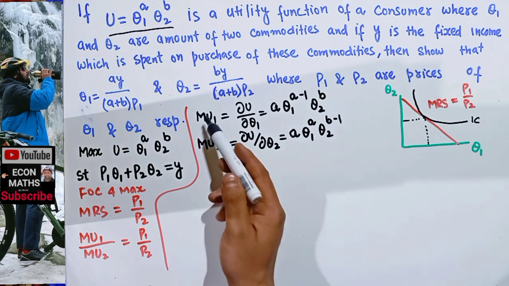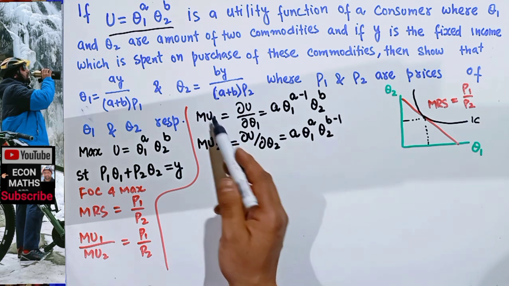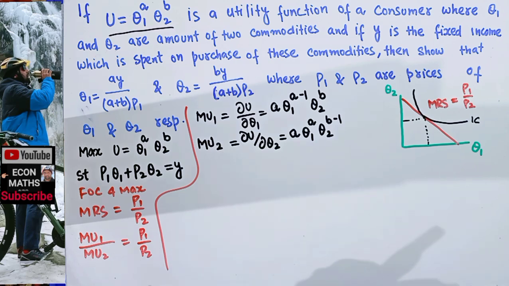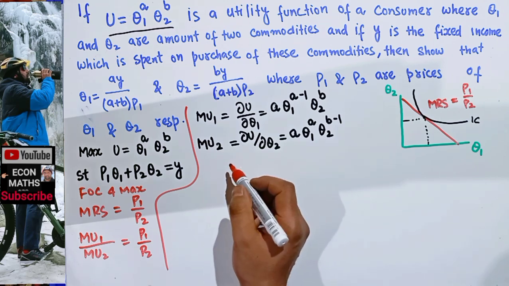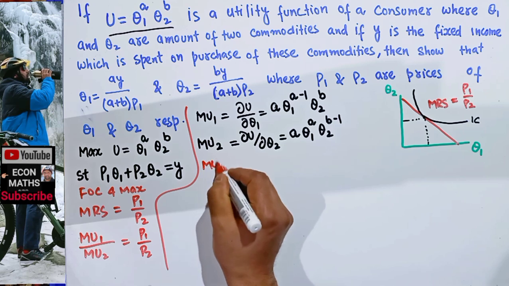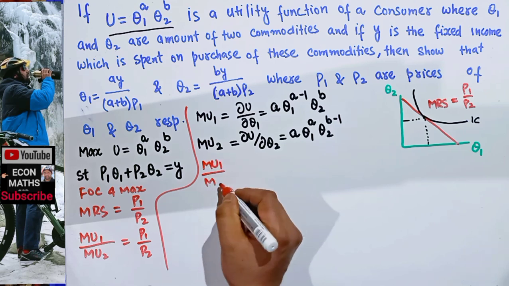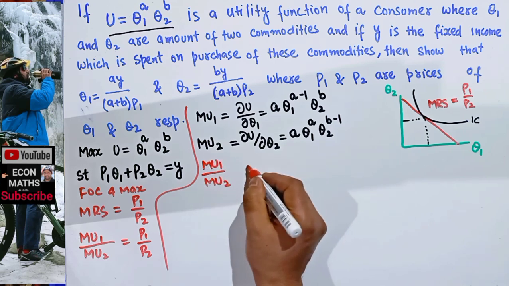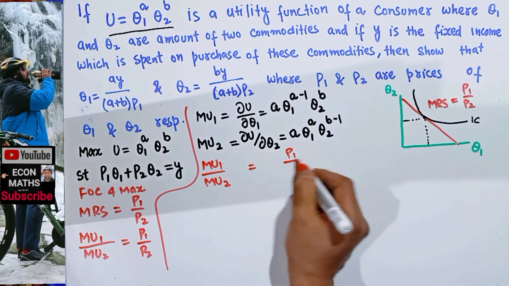Now mu1 divided by mu2 should be equal to the ratio of the prices p1 upon p2.